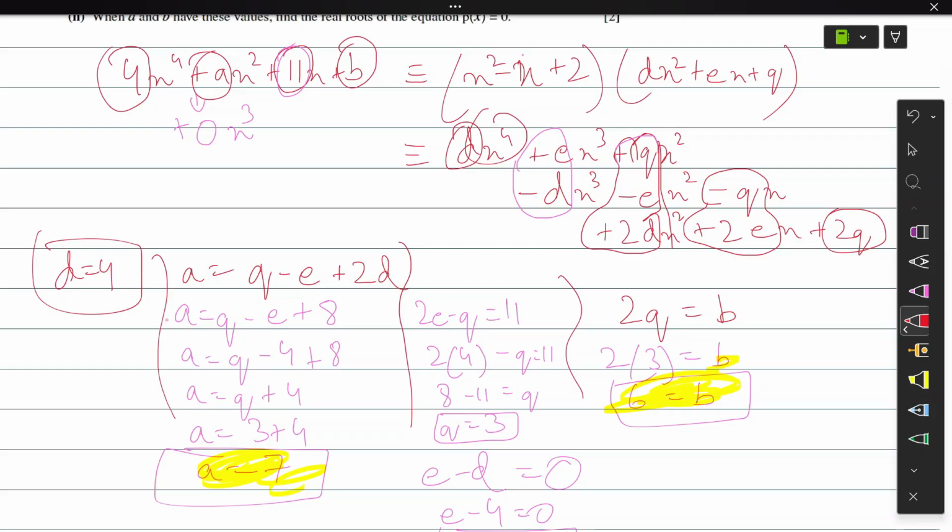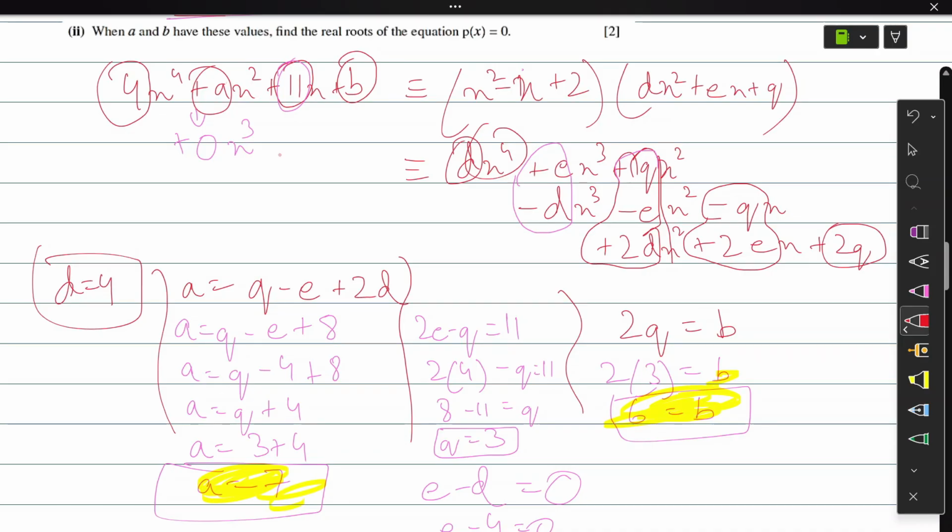That gives us a, which is in the actual equation. Then we compare the coefficient of x: minus q plus 2e, which is 11 in the actual equation. So these must simplify to 11. The coefficient of x to the 4 is d over here, and that is 4 directly, so d equals 4.